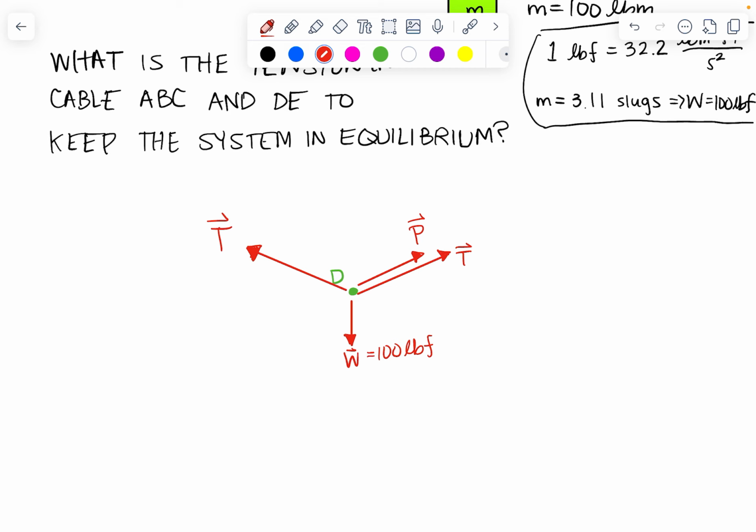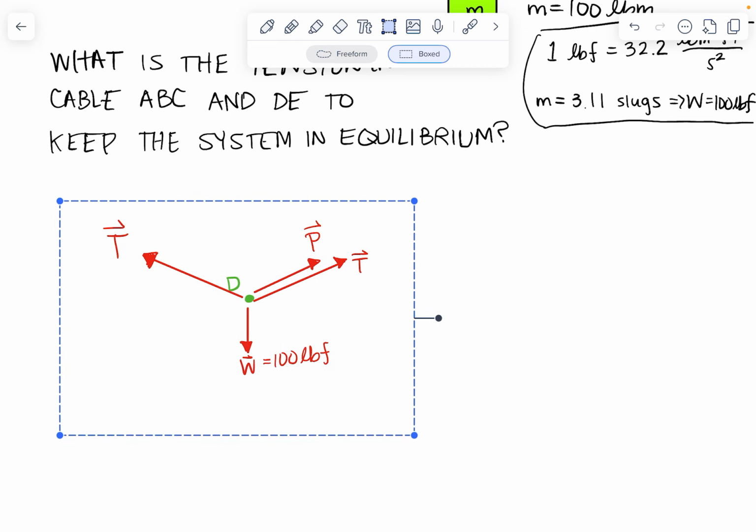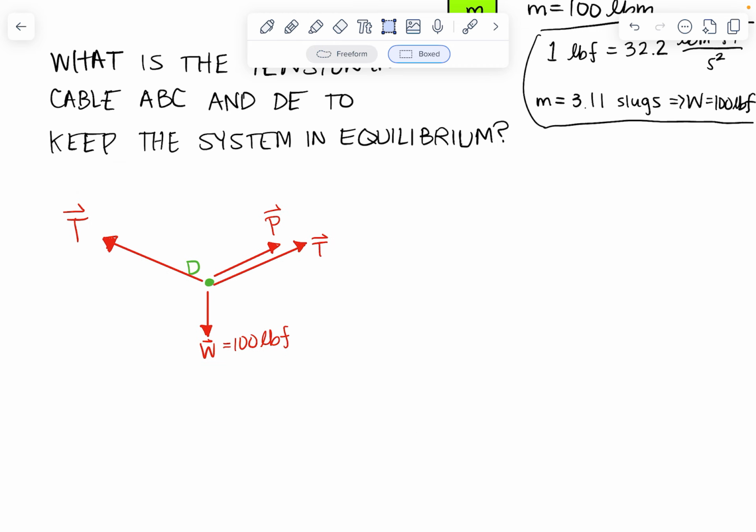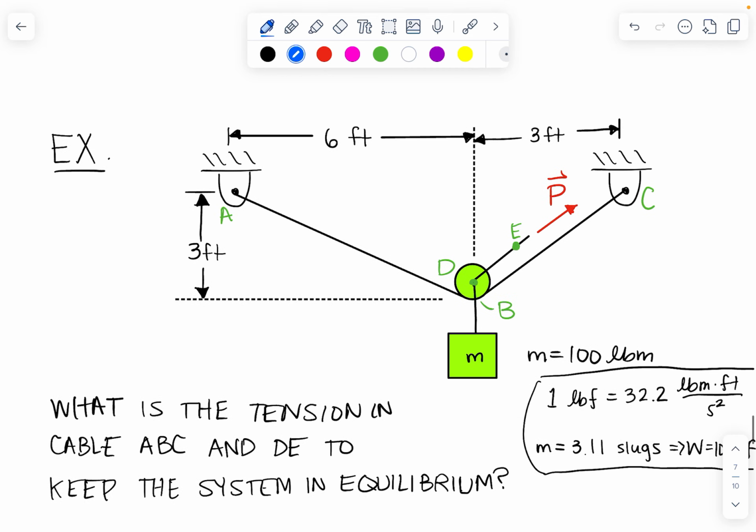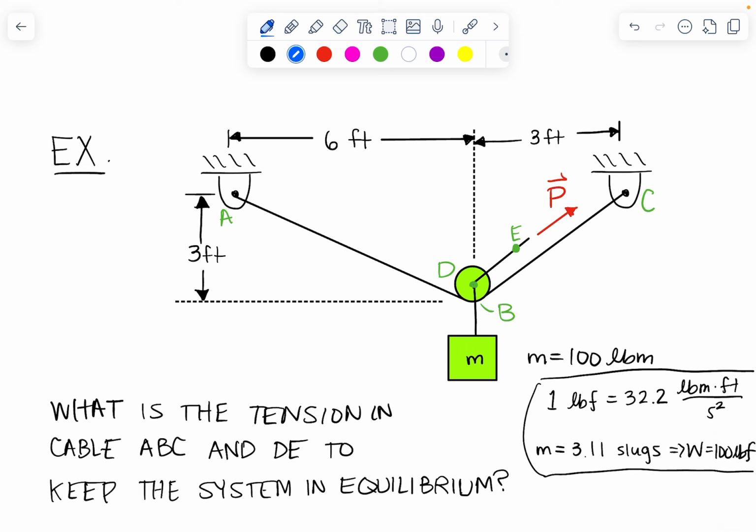And now we just need to break our vectors up into components so that we can apply equilibrium in each direction, right? So to do that, I'm gonna just come back up here and do a little bit of trig to work out some of these angles.